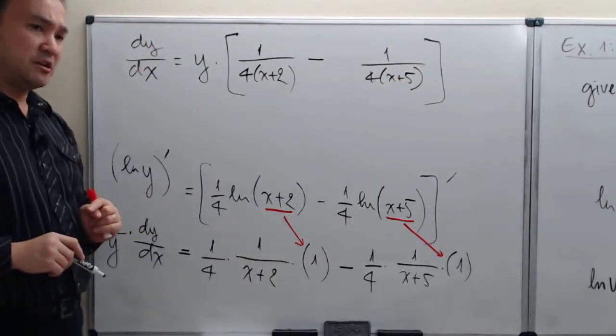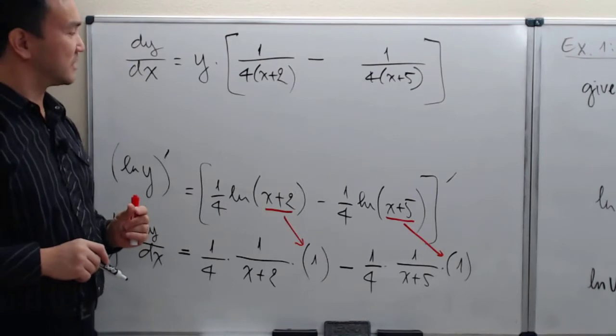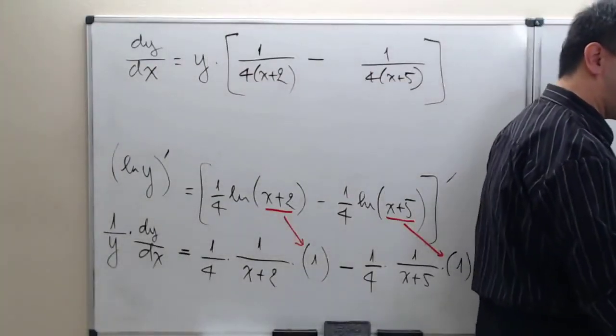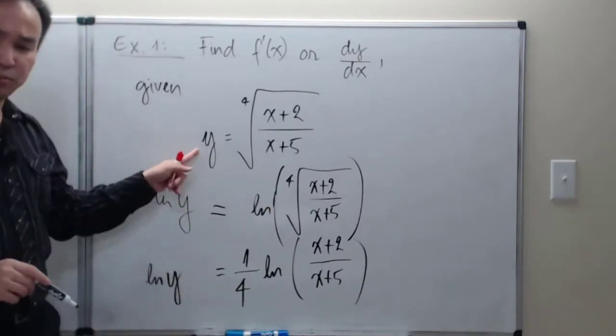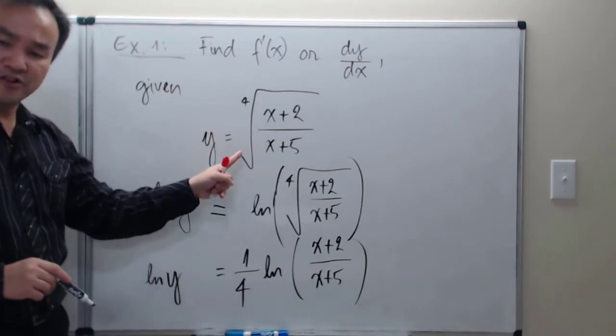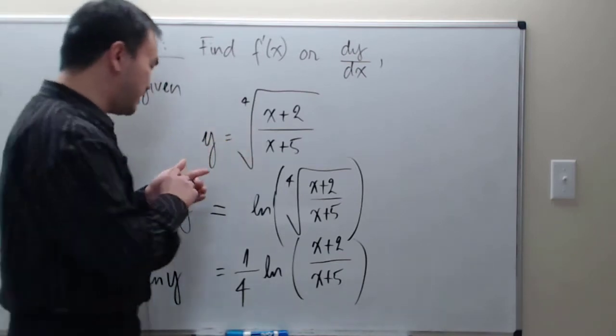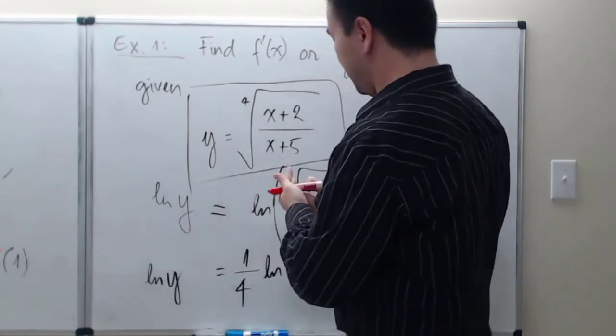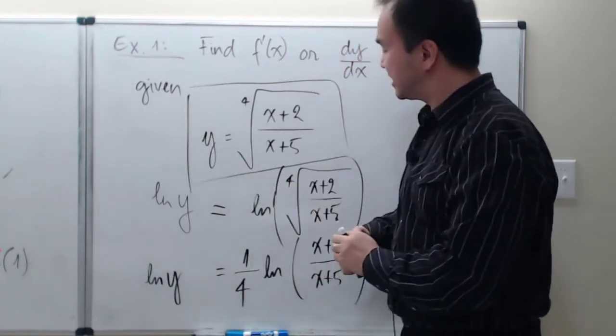But still, I'm not quite satisfied with this, because you see our function in the beginning had the variable y explicitly defined as a function of x, as the fourth root. And it's still here. This beginning expression of y is still here.